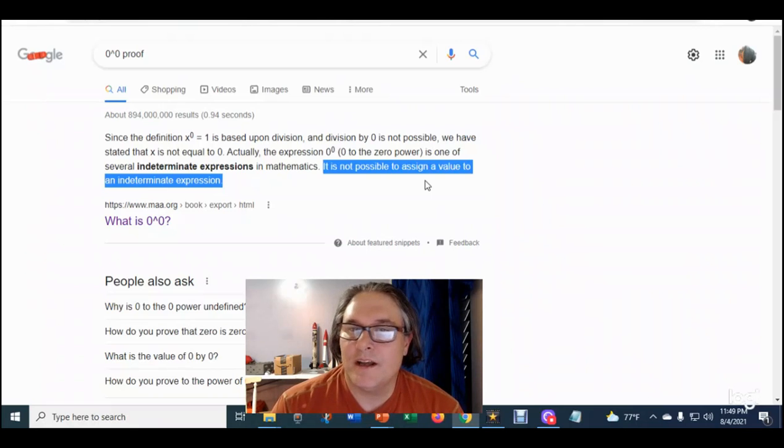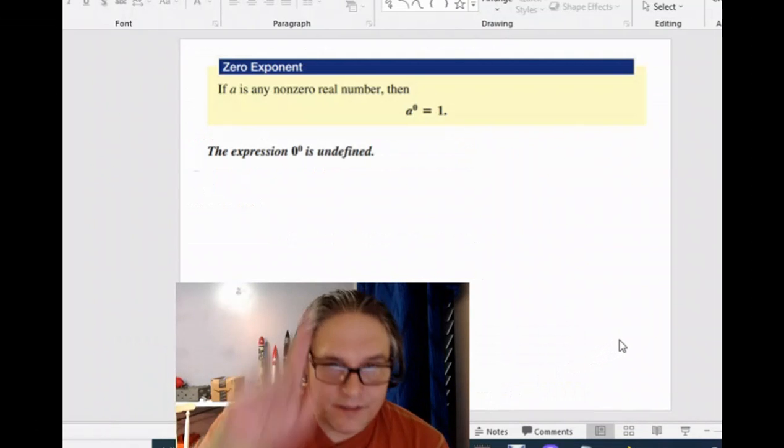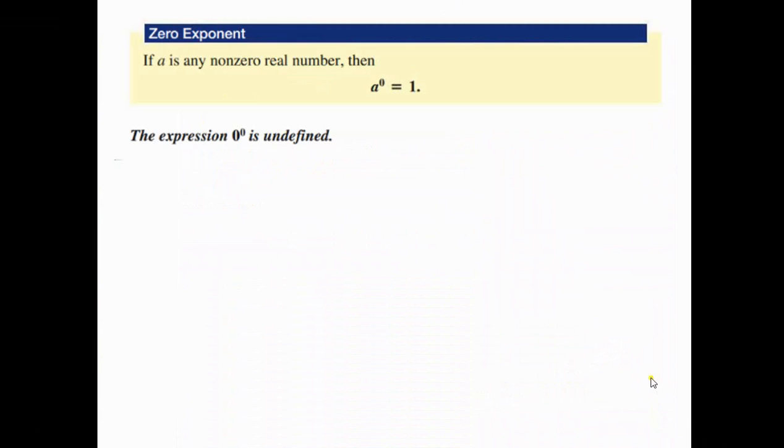Let's really not go there. Let's go with this rule here and say that it is undefined. Okay, so let's begin to explain these two rules.